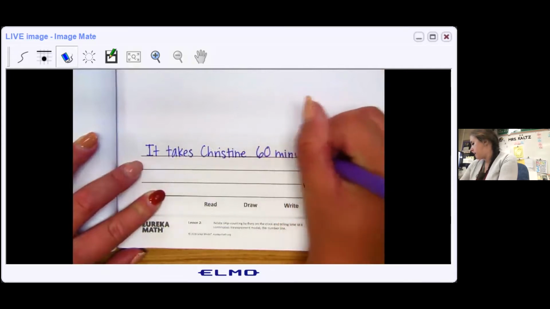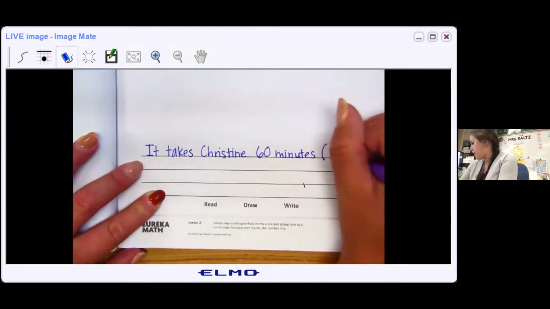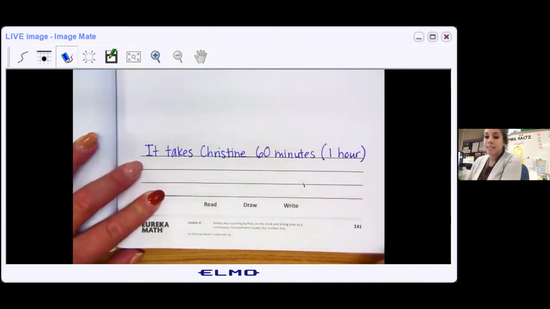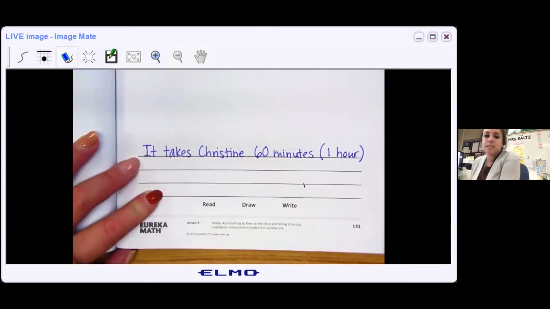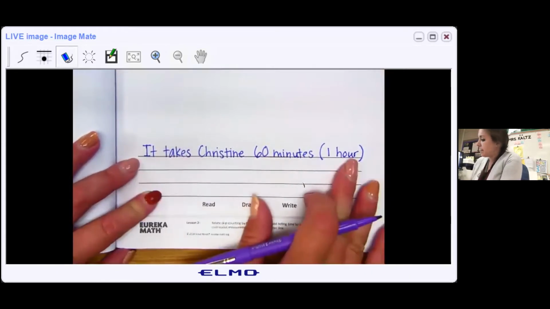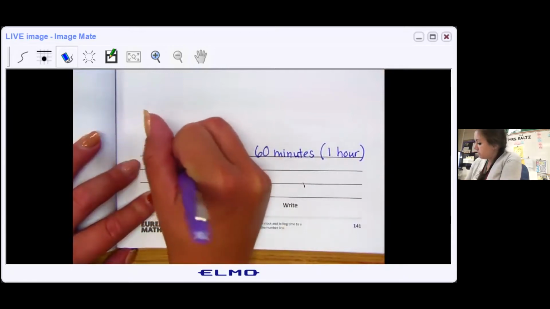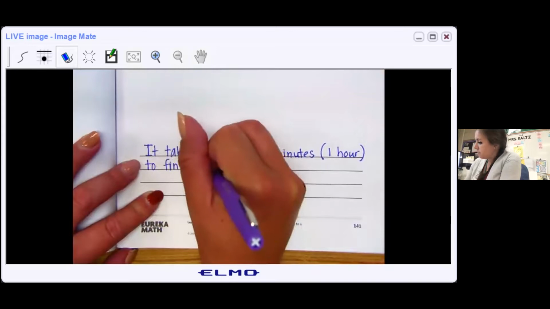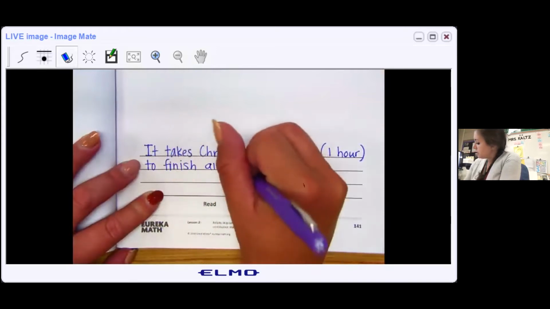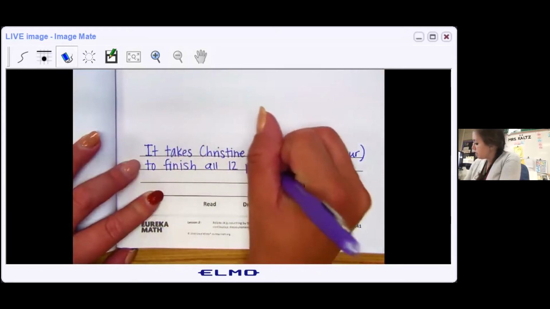So I'm going to put parentheses and write 1 hour, just so I can tell my teacher that I know that 60 minutes is 1 hour. It takes Christine 60 minutes, 1 hour, to finish all 12 problems. I'm getting all of those words right up there in the question.